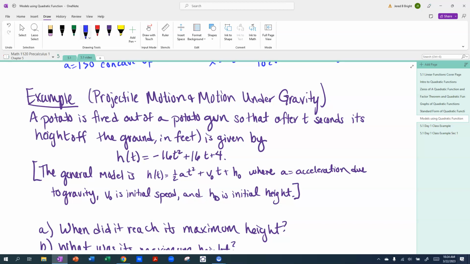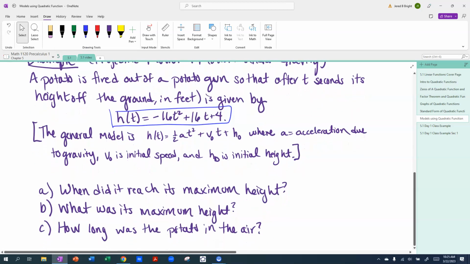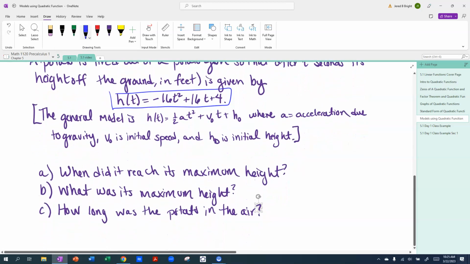Okay, and so we measure time in seconds, but then really look at the height off of the ground. And so in this case, the height off of the ground would be given according to time. And this is the particular function that we're working with. So maybe just make note of that. All right. And then the general model information is given here.